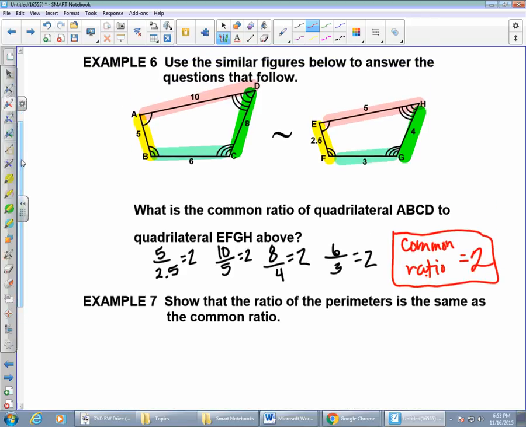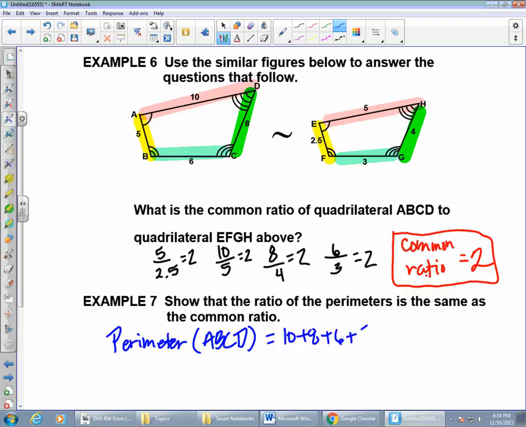Okay, show that the ratio of the perimeters is the same as the common ratio. How do we find perimeter? We just add up the sides. The perimeter of ABCD is 10 plus 8 plus 6 plus 5, which is 29.